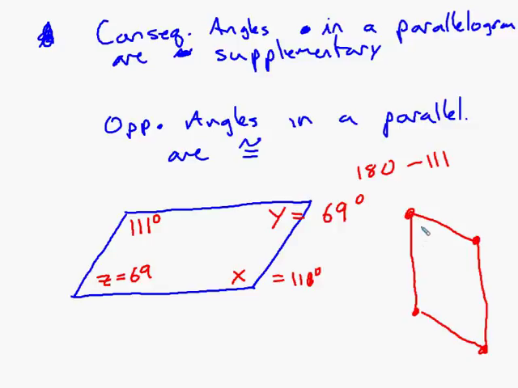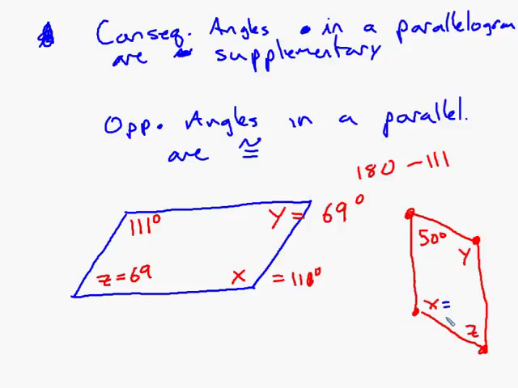I'll give you one angle. Let's say this one is 50 degrees. I want you to find X, Y, and Z. All right, what do you get for X?